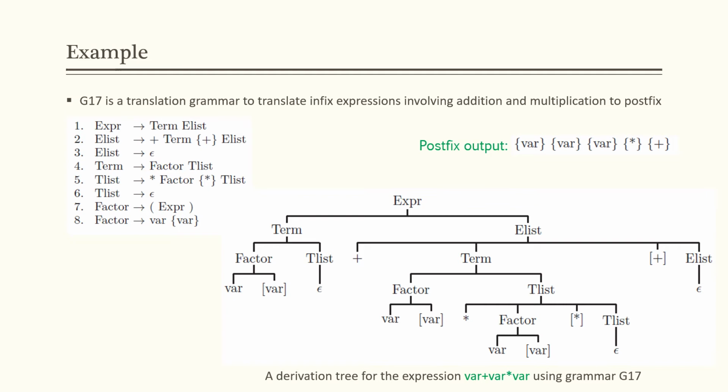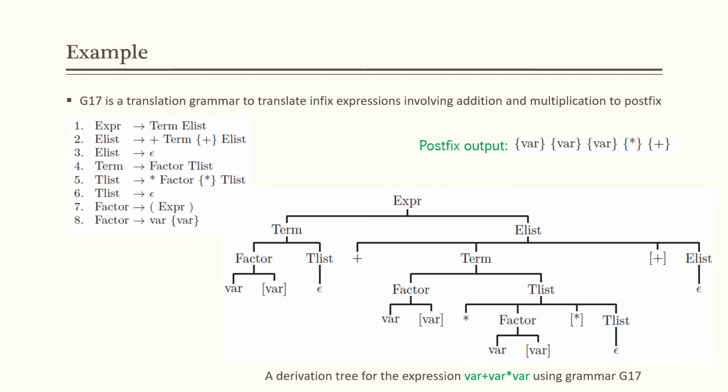Okay, now we look into the example of the translation grammar. We have G17 as our translation grammar. Okay, so in this example, we're going to translate infix expressions involving addition as well as multiplication to postfix expressions. Okay, from infix to postfix expression.